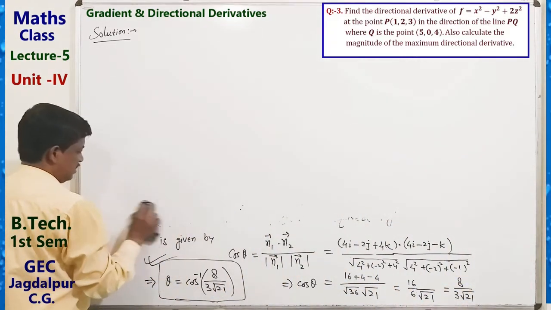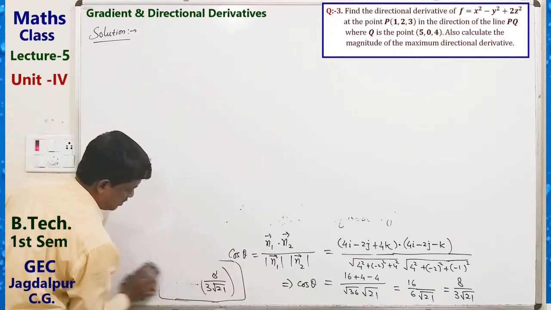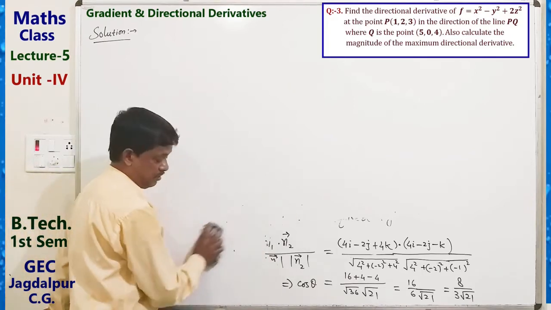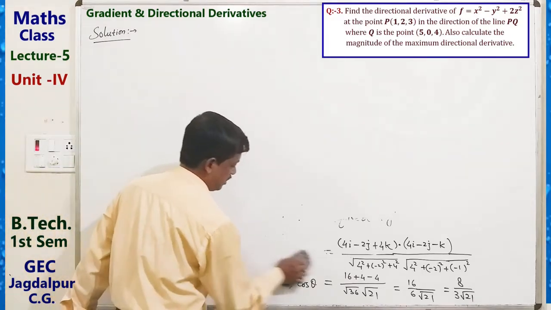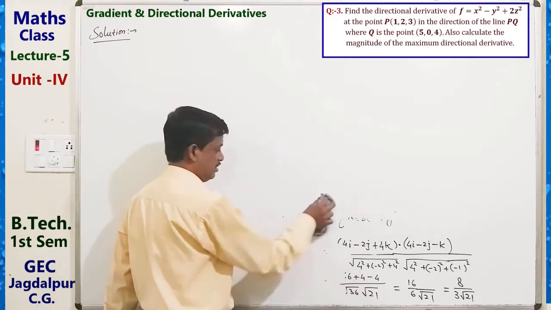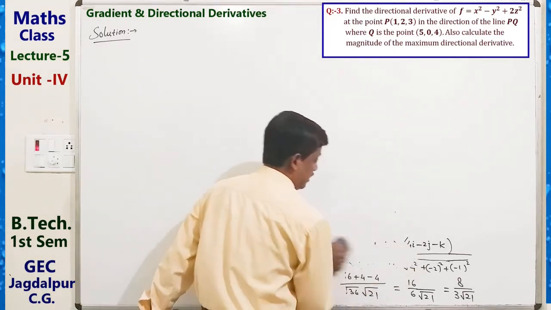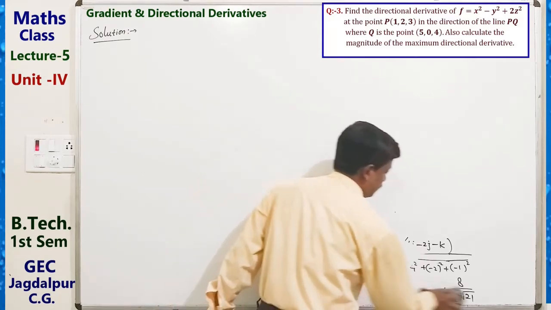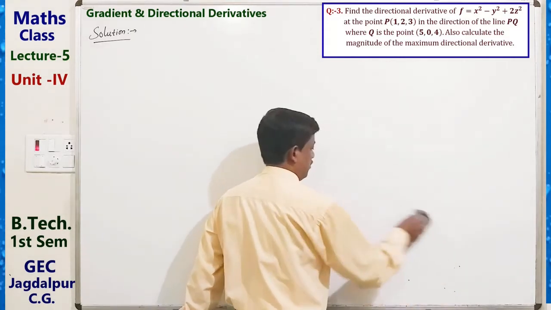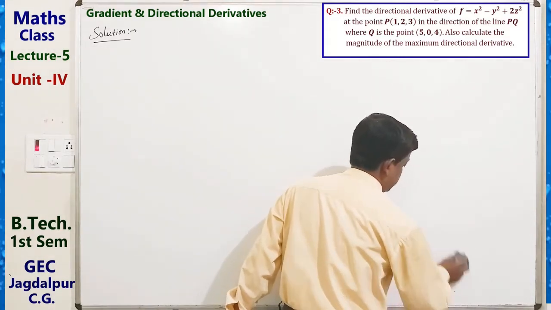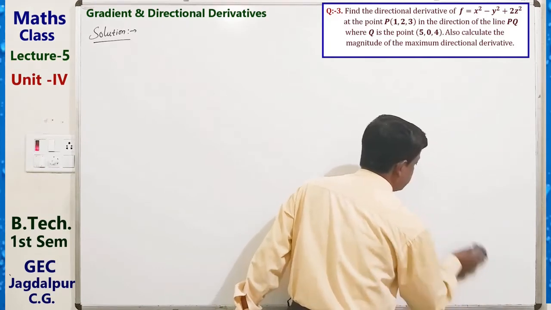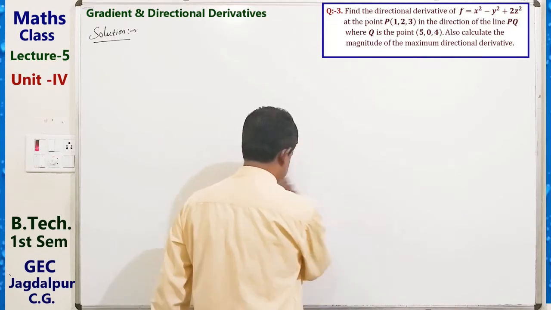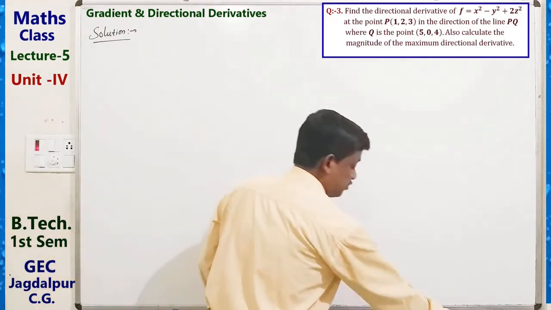So we can find the vector PQ, and along this direction a unit vector a cap. The directional derivative is a cap dot grad phi. So first we have to find grad phi, and then a cap. Then we can get the directional derivative, and the maximum directional derivative is the mod of del phi. Very simple question it is also.